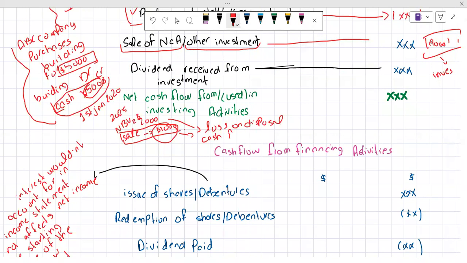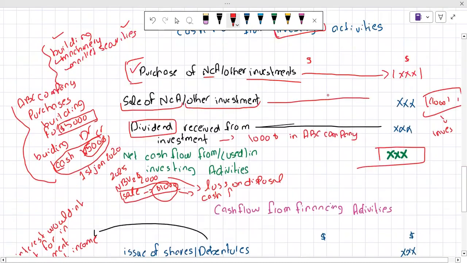Non-current assets or other investments, we would reduce this because of this, our cash is going outside from the business.